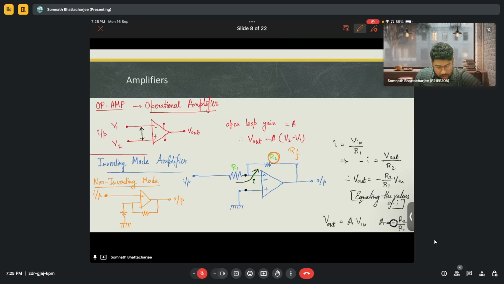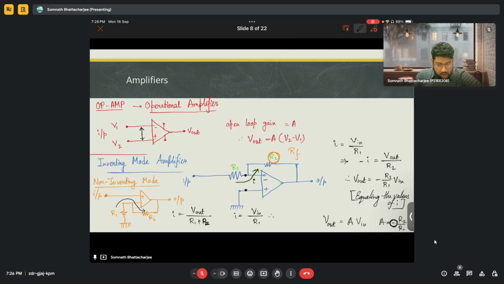So here, if it's R1 and R2, and the current is passing through it, the value of I will be V out by R1 plus R2, as it will pass through both the lines. Similarly, the value of I will be V in by R1.